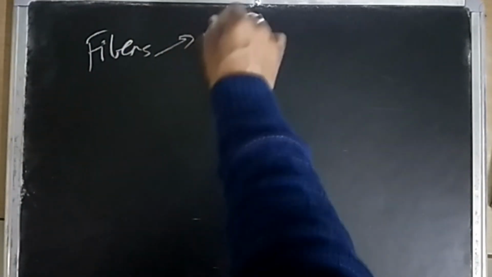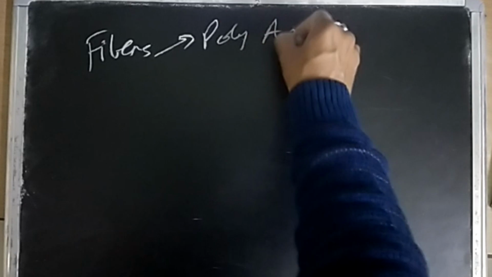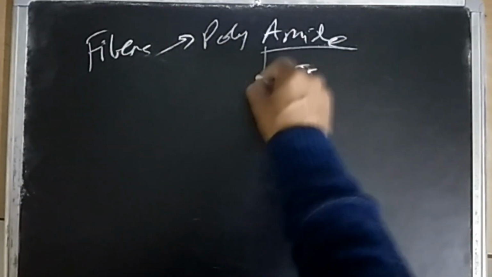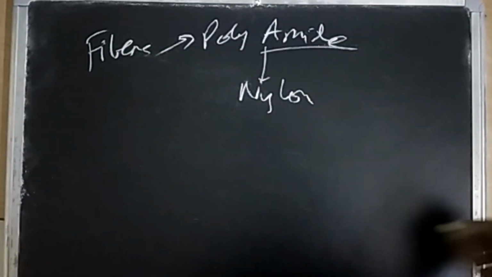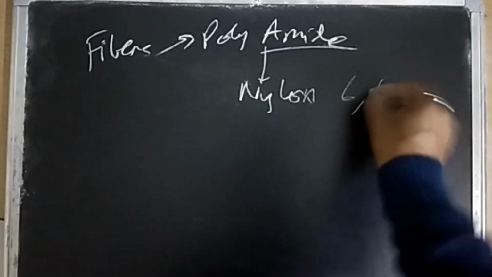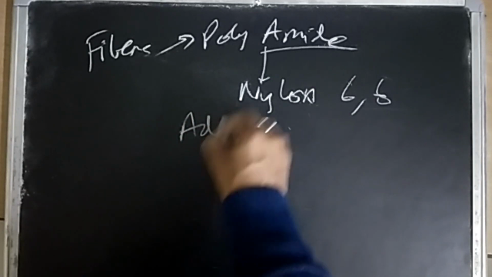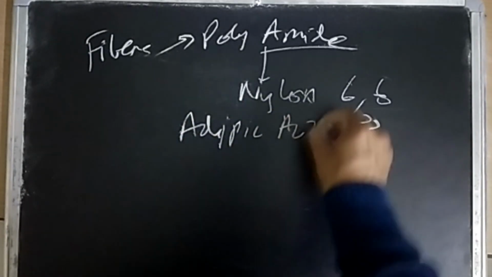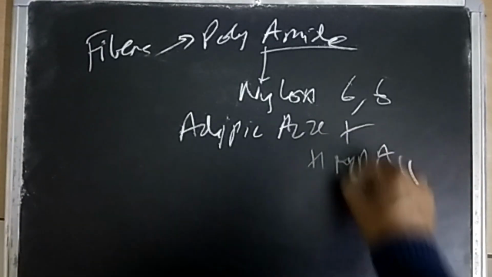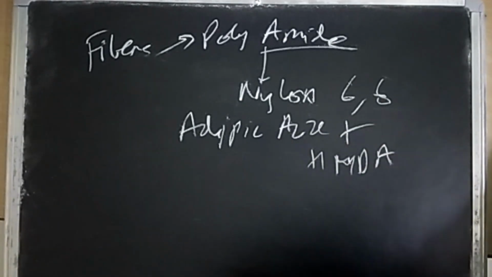Next let's talk about fibers. In fibers we have polyamide. Amide means nitrogen, so it's nylon. Let's talk about nylon 6,6, which is from adipic acid plus hexamethylene diamine.